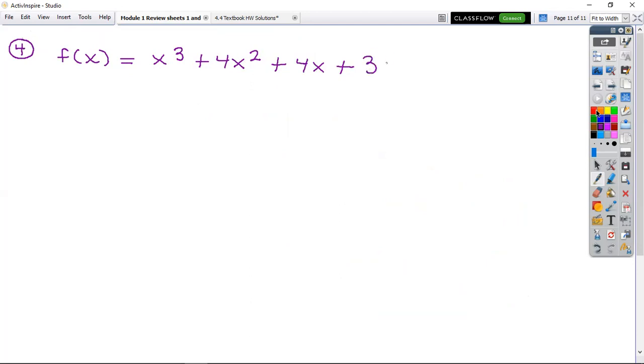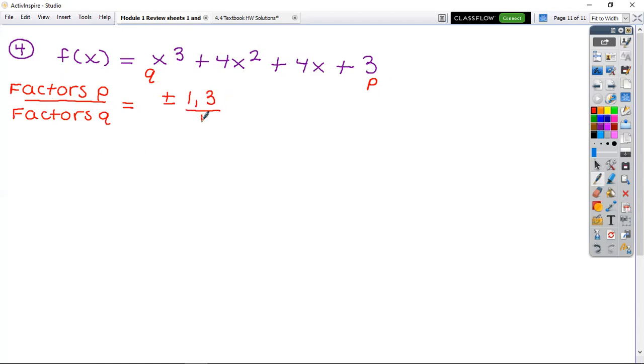Okay. First, I want the list of possibilities. So here's P, here's Q, and this is a nice small list, isn't it? So you're going to go factors of P over factors of Q. And then you check your calculator and figure out which ones actually do work. So factors of P, factors of Q. All right, factors of 3 are going to be 1 and 3.